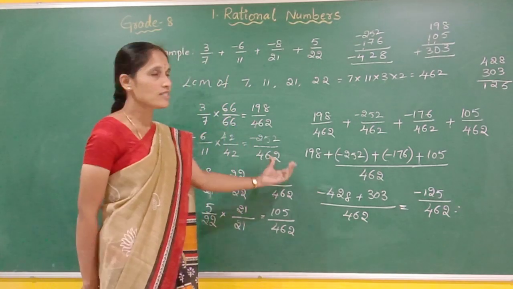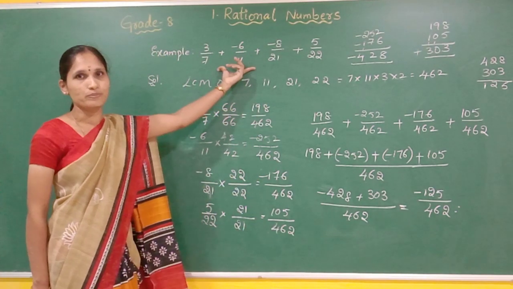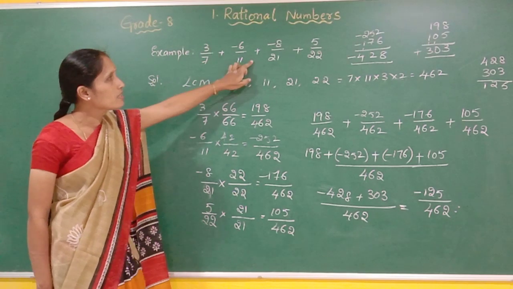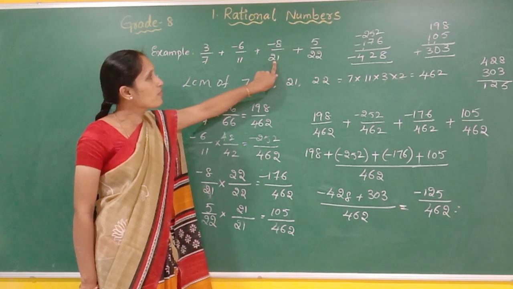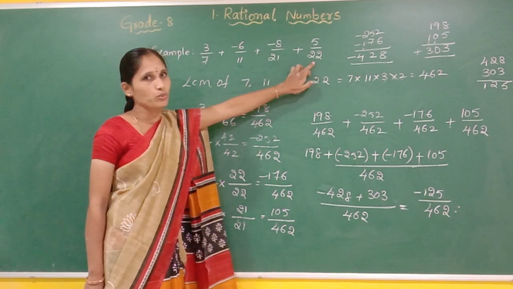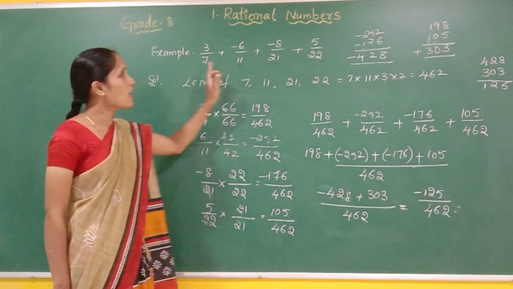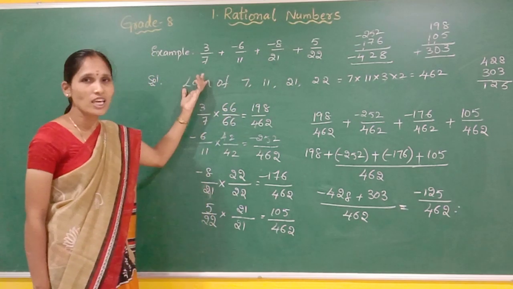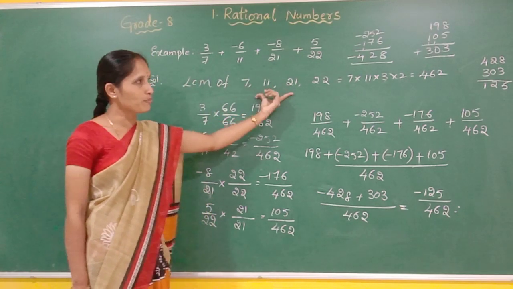Shall I repeat once? See, this is the given problem: 3 by 7 plus of minus 6 by 11 plus of minus 8 by 21 plus of 5 by 22. The first step is to observe the denominators. Denominators are not equal. Find the LCM.